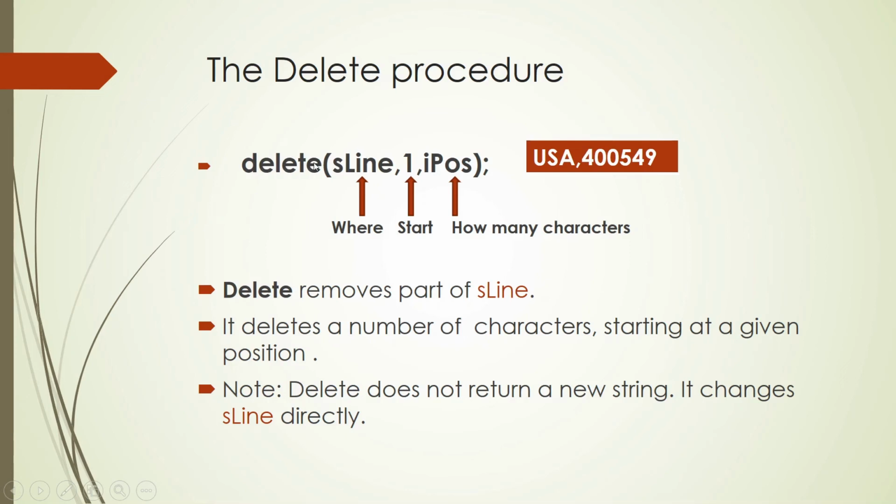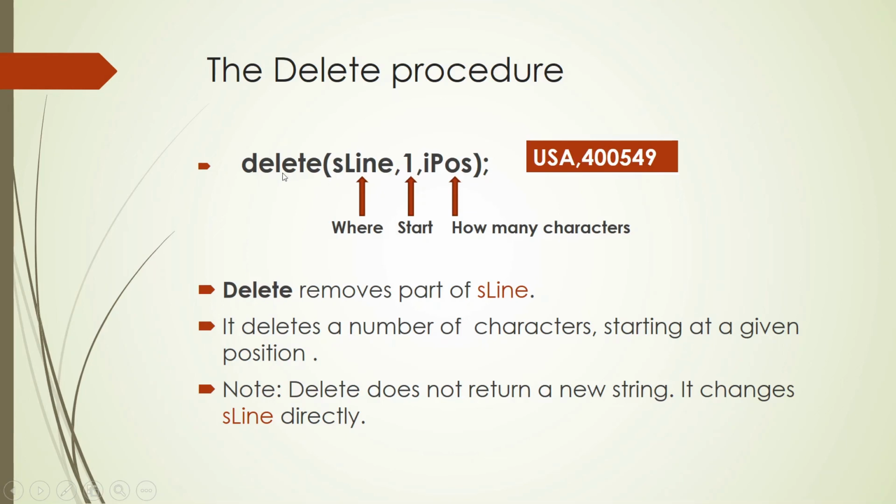So the delete procedure is called with 3 parameters. The first parameter is where I want to delete from. And in this case, it's sline that is storing lines of text from the text file. And the first line is the line that you see on the screen, USA, and it's got 400,549 developers.